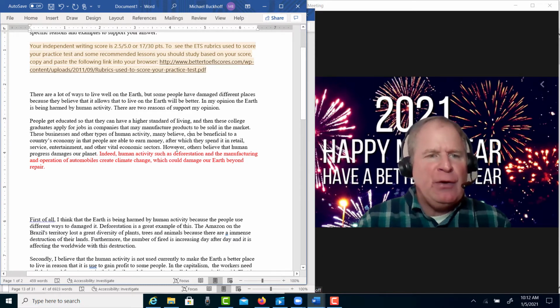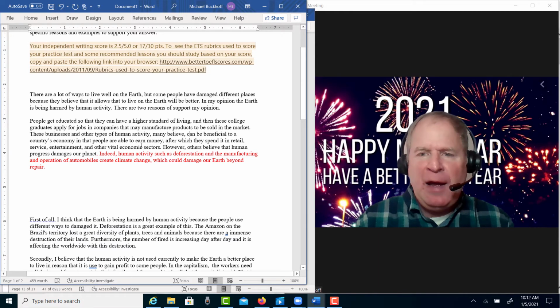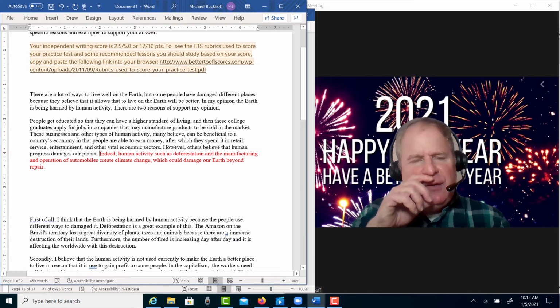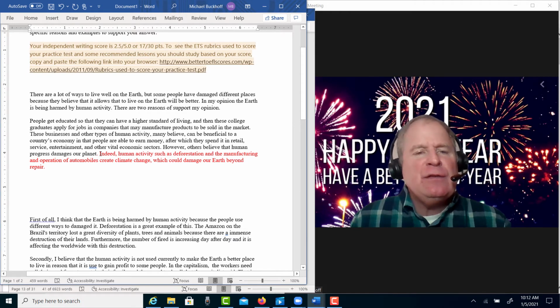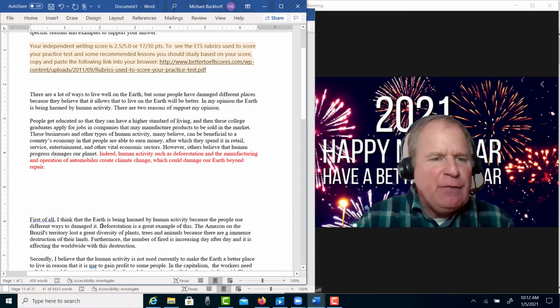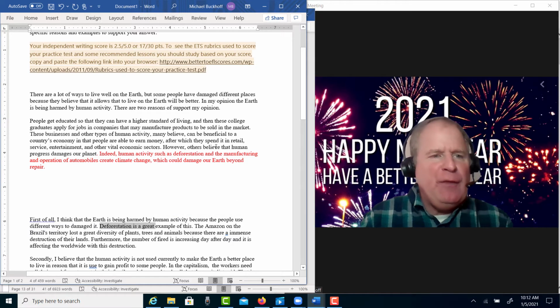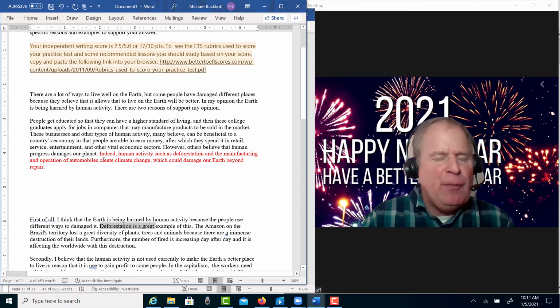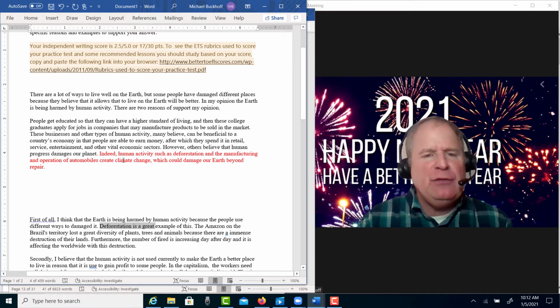However, others believe that human progress damages our planet. And here's the thesis. Indeed, human activity such as deforestation, that seems to be a topic that you're focusing on in this first body paragraph, so that's why I put it in the thesis here, and the manufacturing operation of automobiles create climate change which could damage our earth beyond repair.